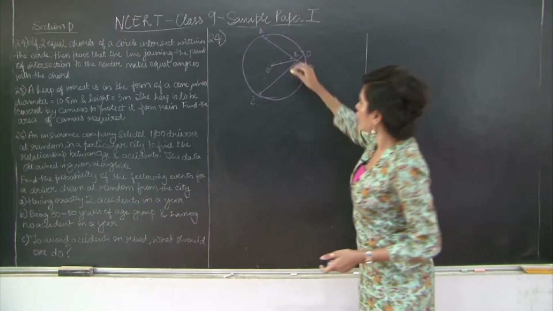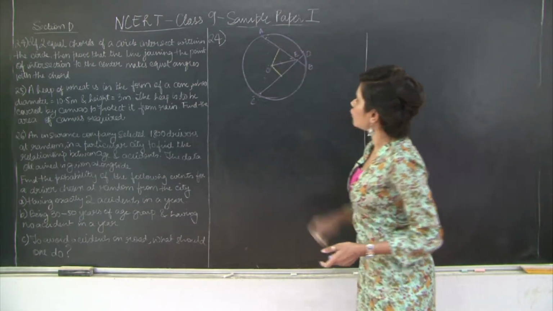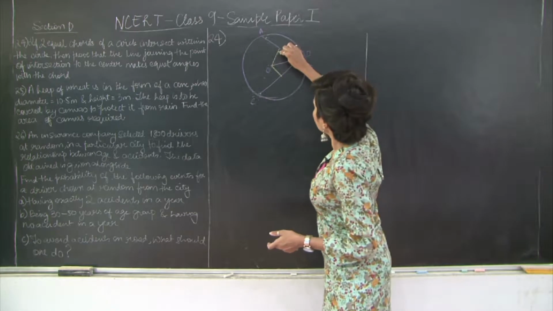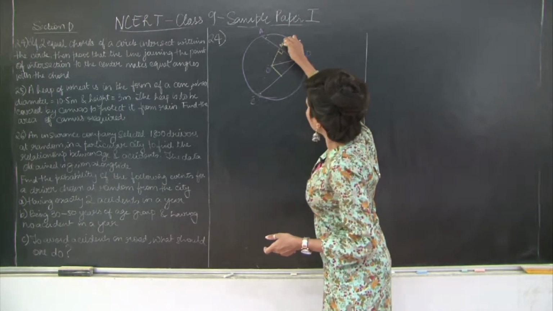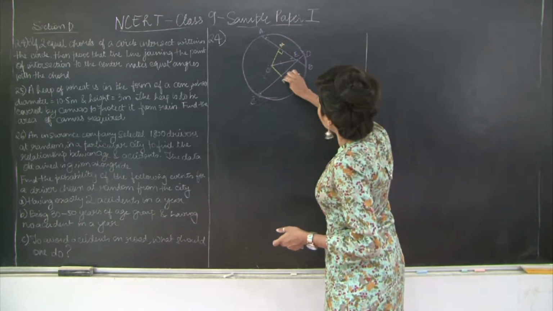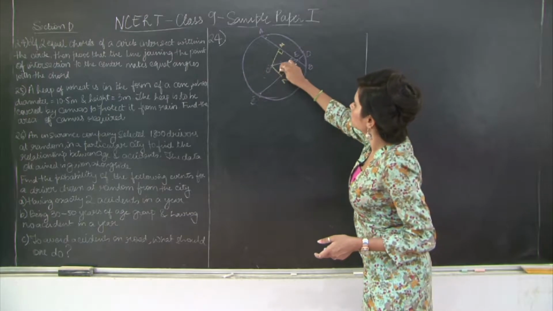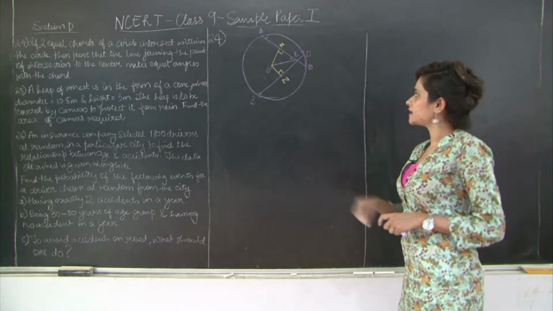How about drawing perpendiculars like this? So I draw a perpendicular OM to AB and ON perpendicular to CD. What do we get?